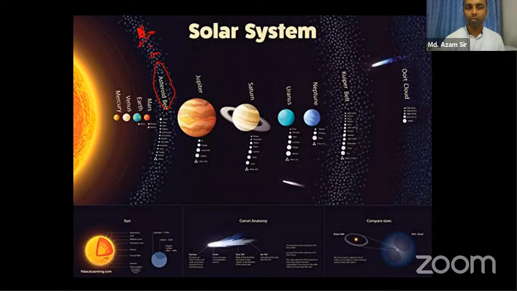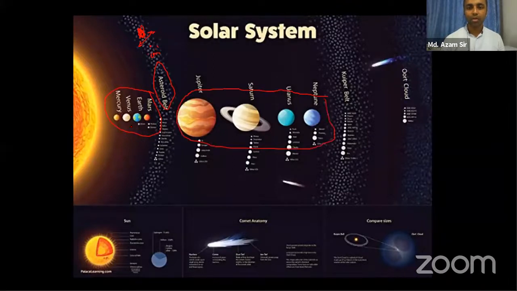So this is just small or big stones. It can have dust particles also, and traces of other gases. After that, we have bigger planets, that is Jupiter, Saturn, Uranus, Neptune. Can you see a remarkable difference between these initial four planets and these four planets?